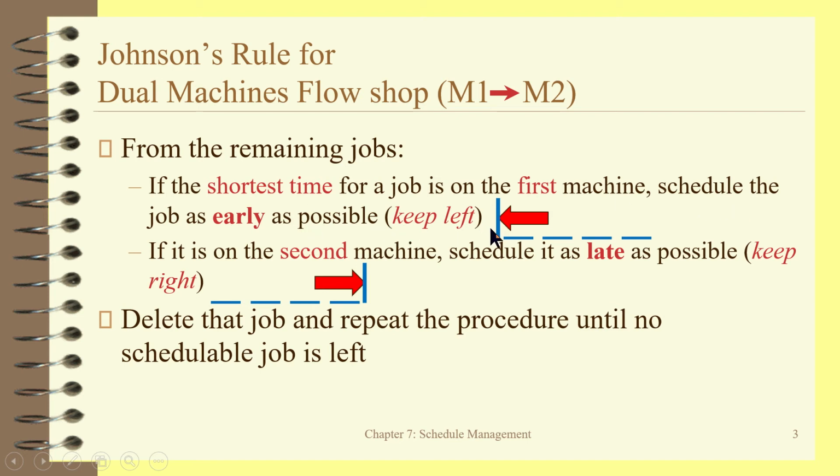That is, keep it on your left hand side. Otherwise, put it on your right hand side. So if the shortest time of the remaining jobs is on the first machine, put that job on your leftmost. Otherwise, put it on your rightmost. And once you have put the job in position, delete the job and repeat the procedure until no remaining job is left.